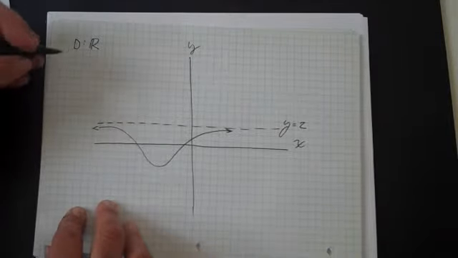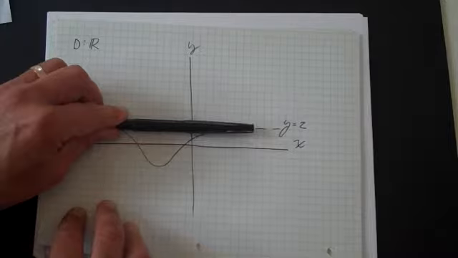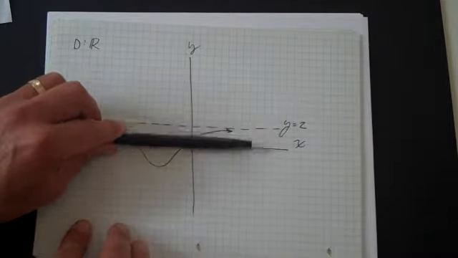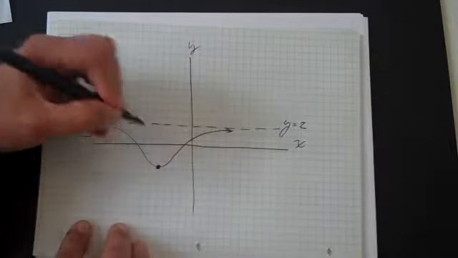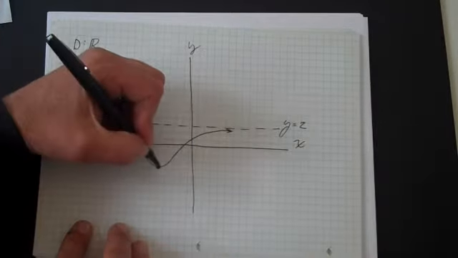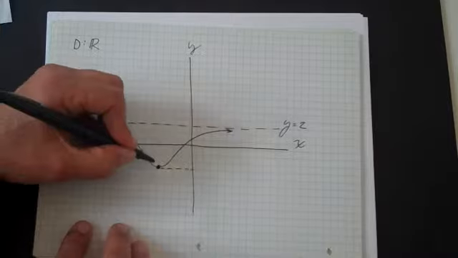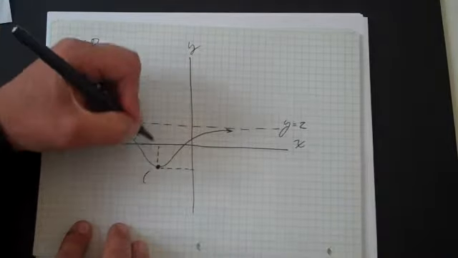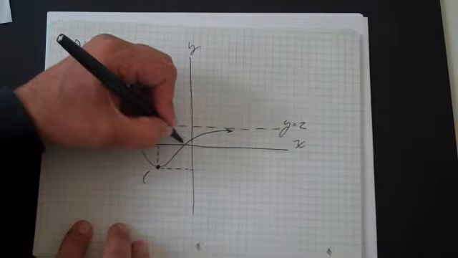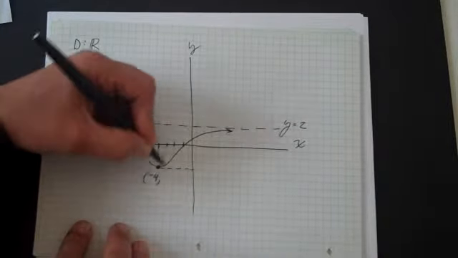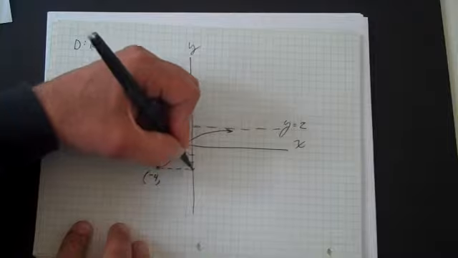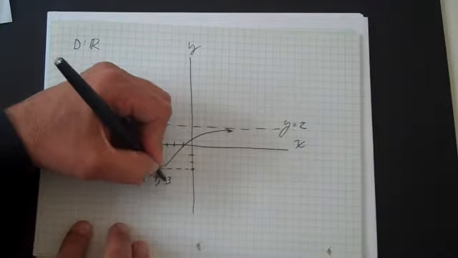Now range is a little bit more difficult. Range can be everything below 2, but there is a minimum here. So what you really need is a minimum point. And if you don't have a minimum point here, you're not going to be able to do this. But if you can read that minimum point off, so that's the point minus 4, minus 3.